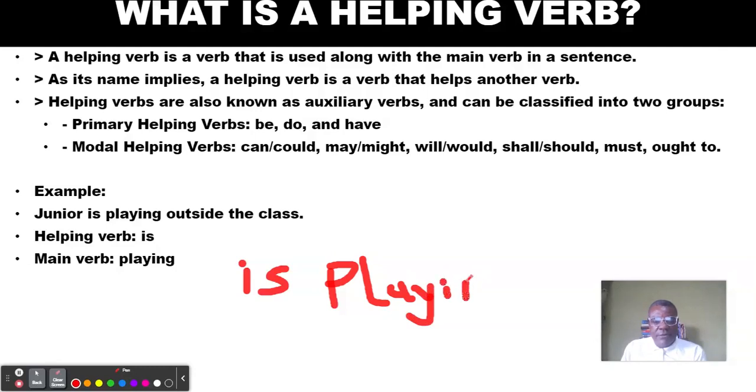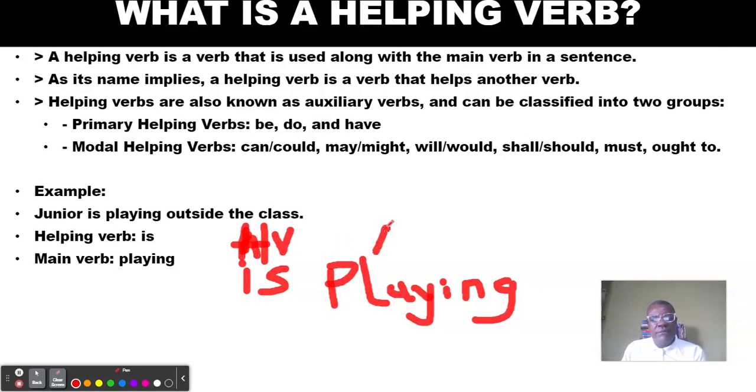Here we have the auxiliary, or let's use the word HV, standing for helping verb. You can call it AV or HV, auxiliary verb or helping verb.